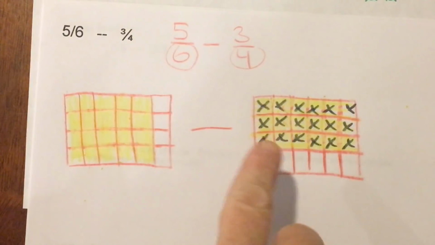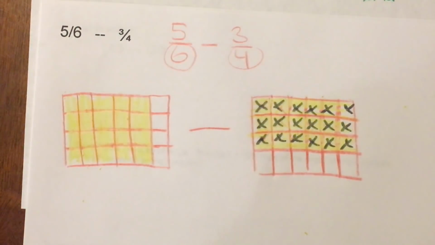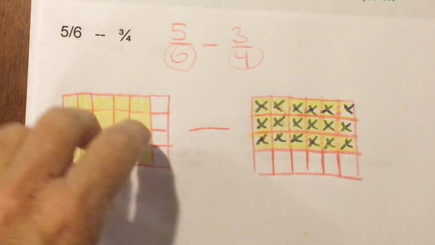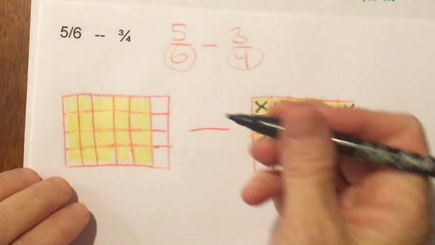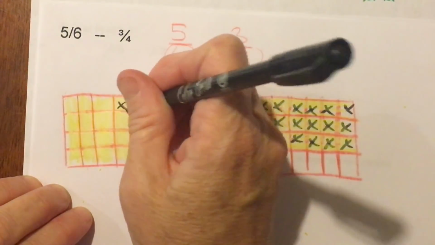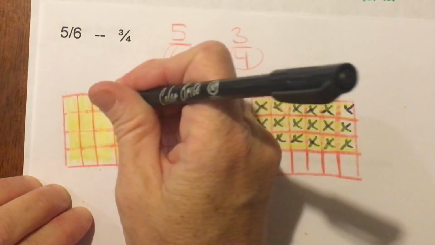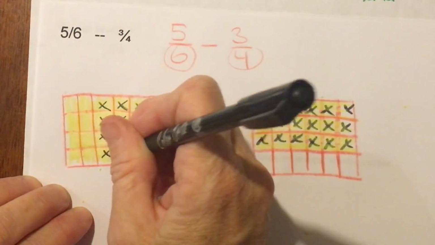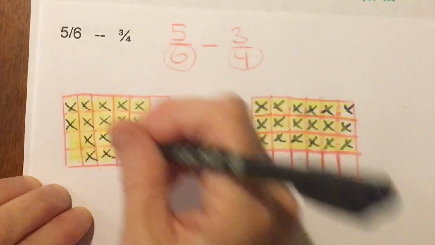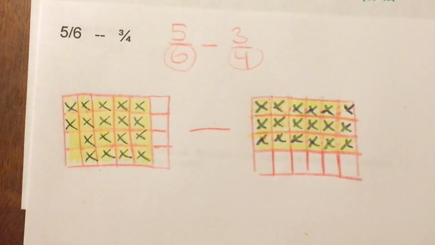They want me to take away 18 pieces from what I have, because this is what I have and this is how much they want me to take away. So let's come over to what I have, and I need to take away 18 pieces. 1 through 18. So I took 18 pieces away from what I have.